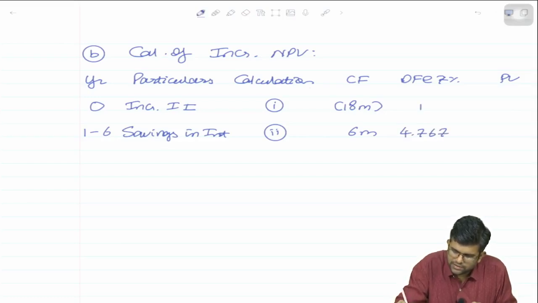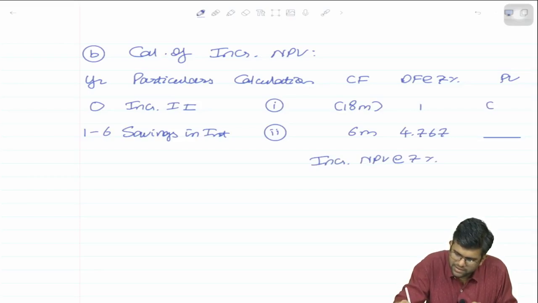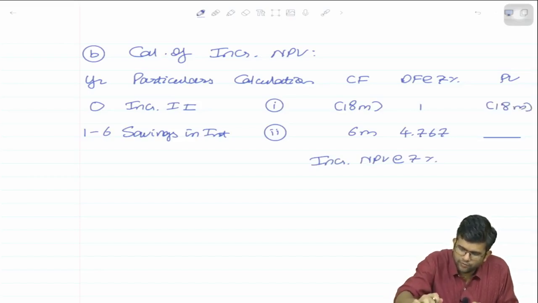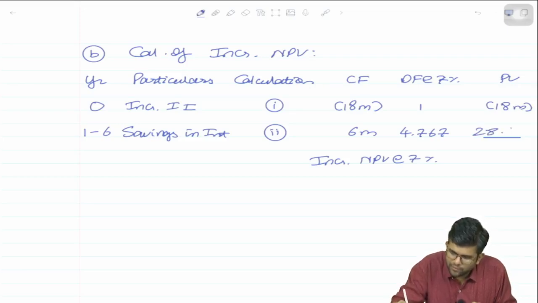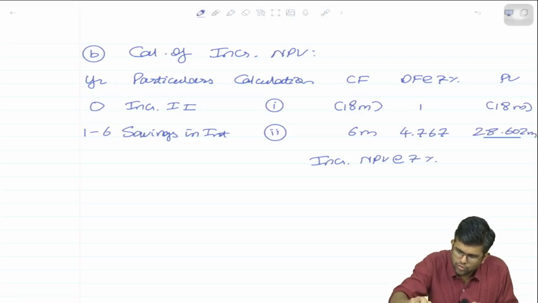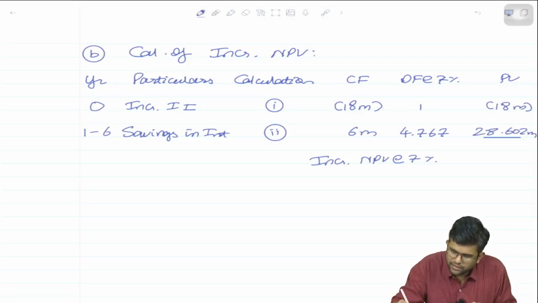4.767, this is 1, and you get incremental NPV at the rate of 7%. This is 18. 6 into 4.767 is 28.602 minus 18, 10.602 million.